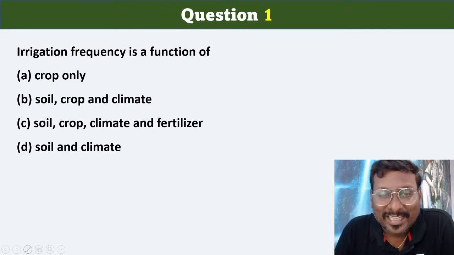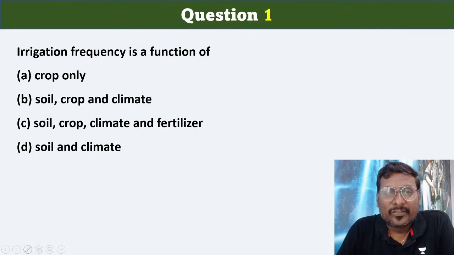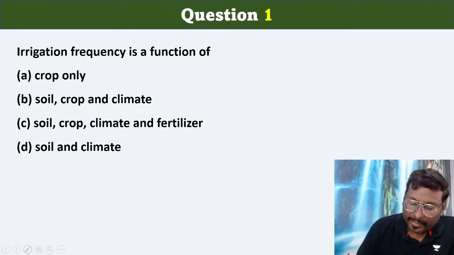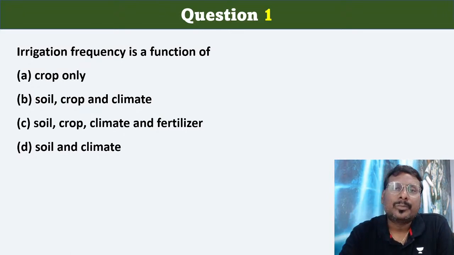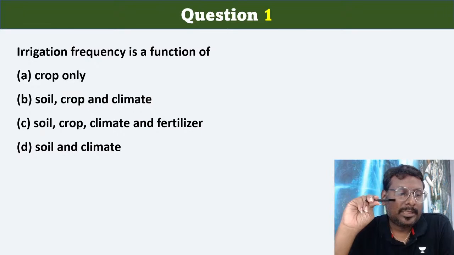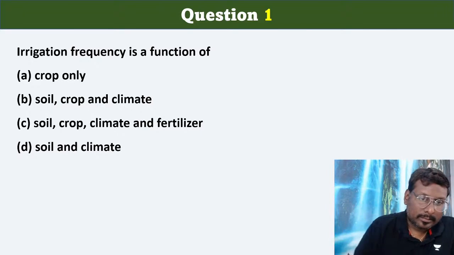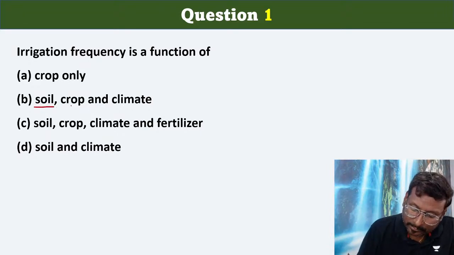First, theory only came. Irrigation frequency is a function of what? What is the answer? Soil, crop, climate.